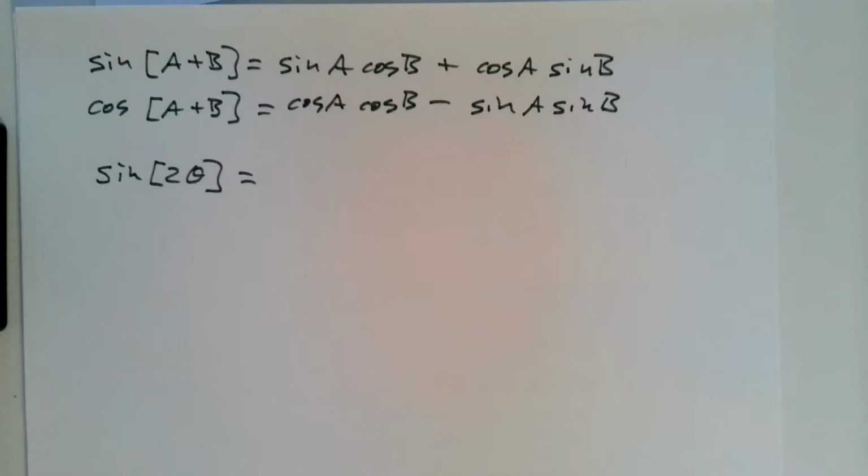And if you want a hint, 2 theta is the same as theta plus theta. So go ahead and establish an identity for me and write the answer on the comments.